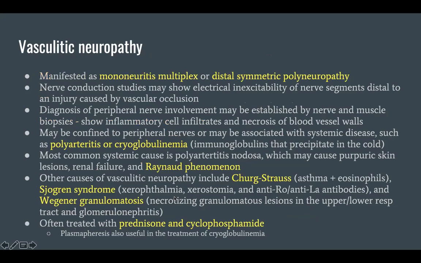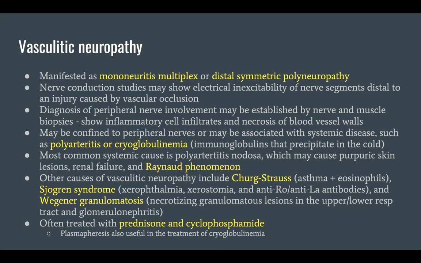Okay. Vasculitic neuropathy is the mononeuritis multiplex or distal symmetric polyneuropathy. It may be associated with immunoglobulins that precipitate in the cold.